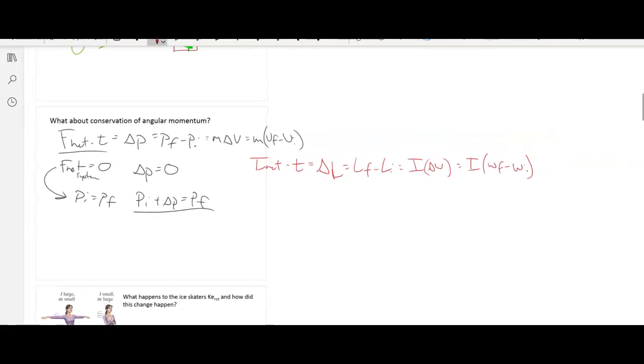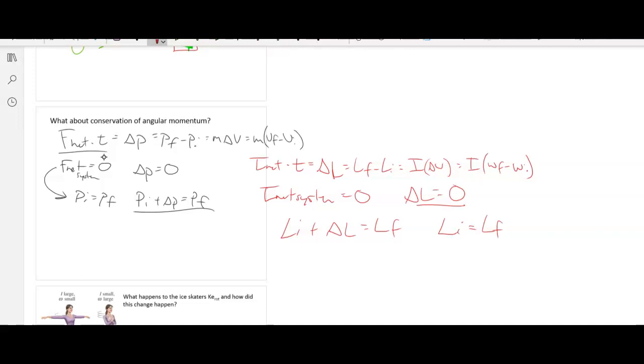So for this one, if torque net on the system equals 0, your change in angular momentum equals 0. So then L initial plus change in angular momentum equals L final. So if this is true, L initial equals L final. And so that's what we'll be looking at for conservation of angular momentum.